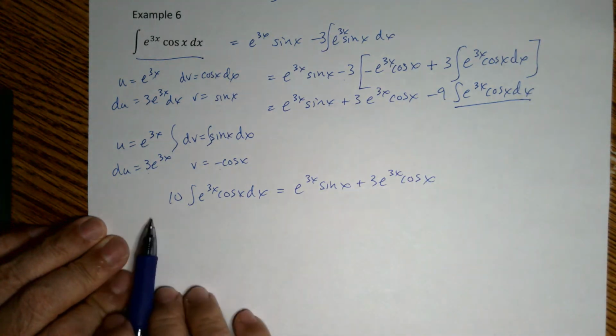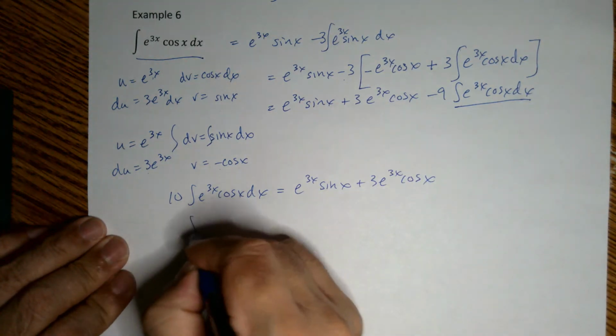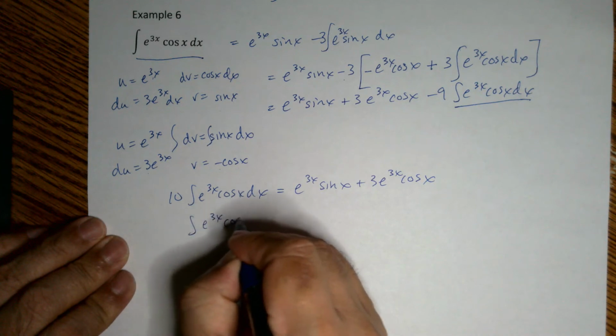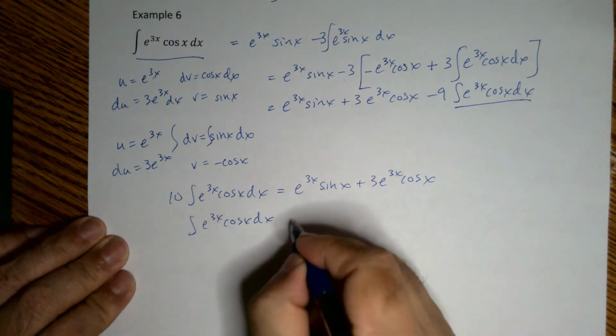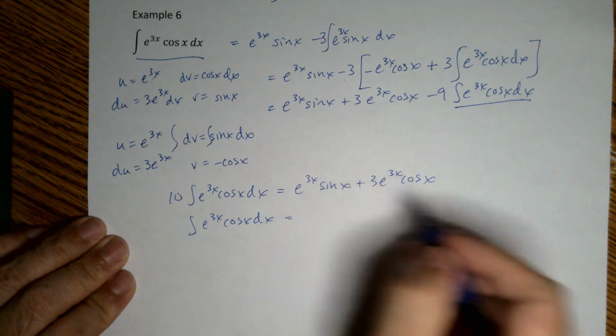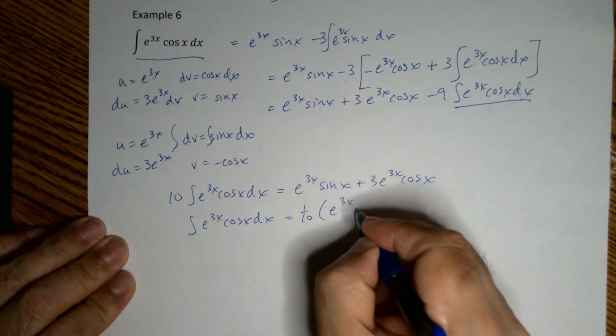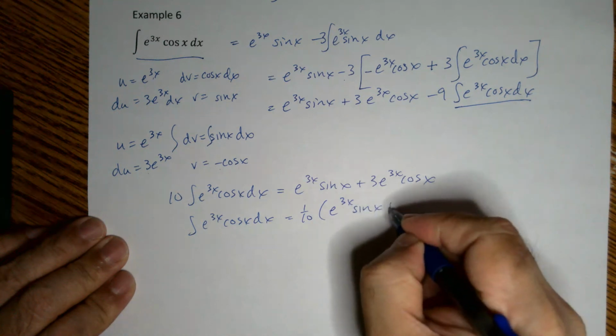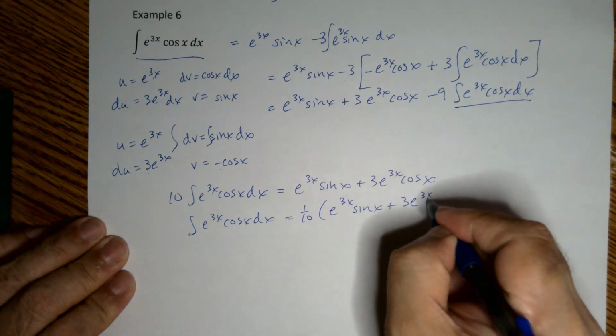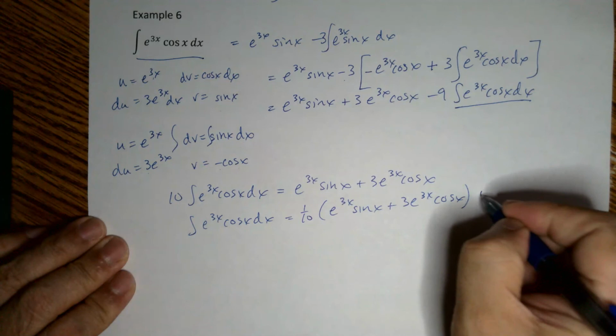And then I'm going to divide by 10. So e to the 3x cosine x dx equals, dividing by 10 is the same as multiplying by 1/10, e to the 3x sine x plus 3e to the 3x cosine x plus c.